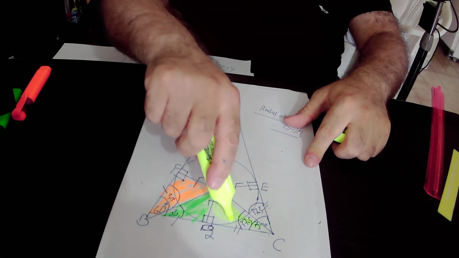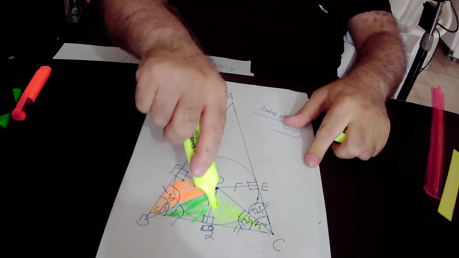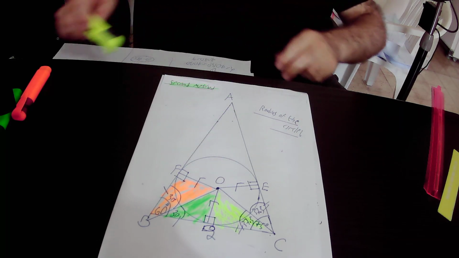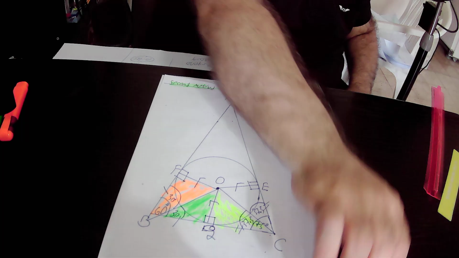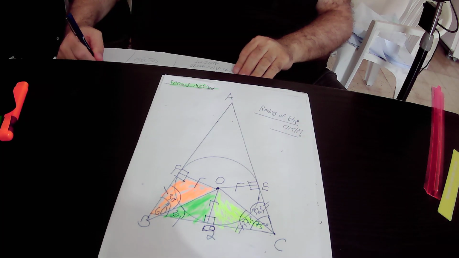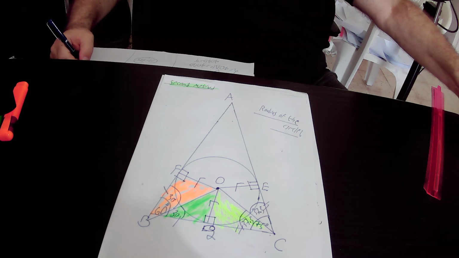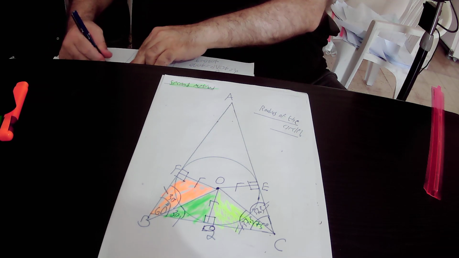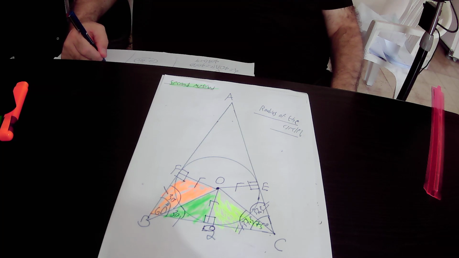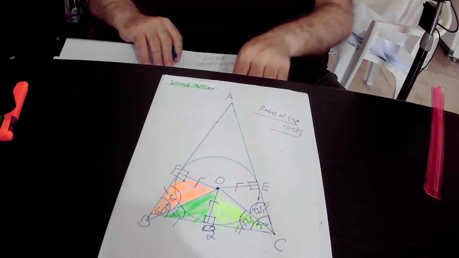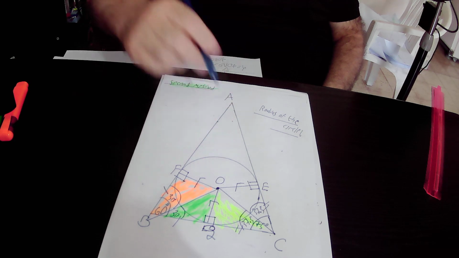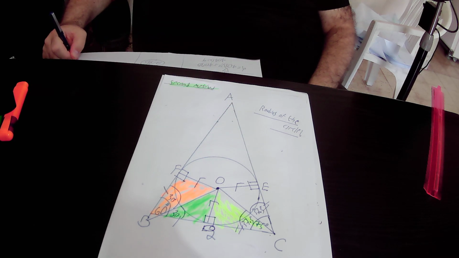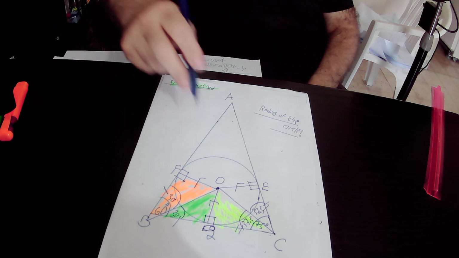In the yellow right triangle ODC, it is very easy to see from the drawing that tangent 37.5 degrees is equal to OD over DC.